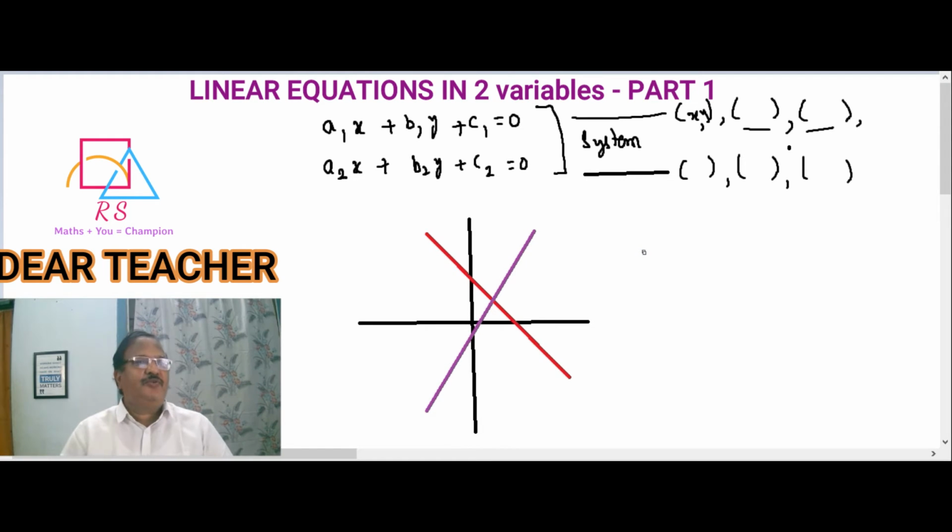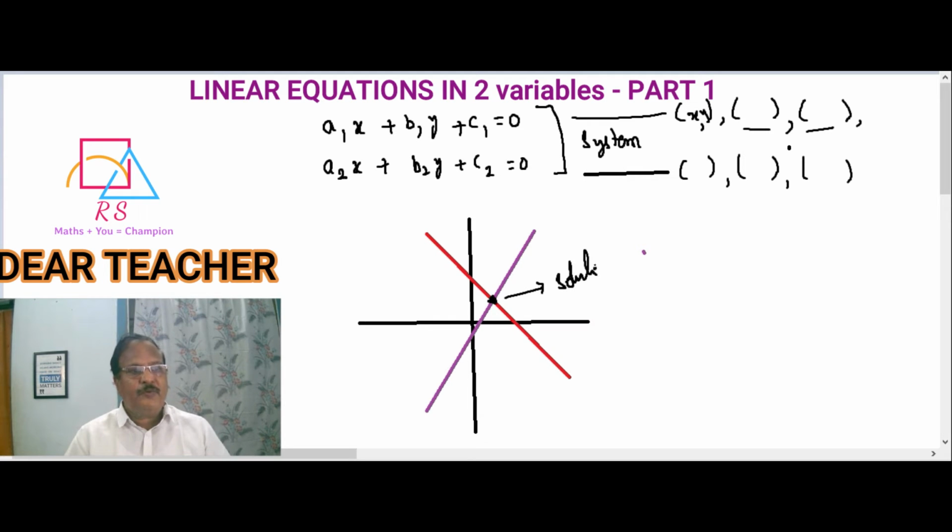Now, two graphs we have got. Two colors I have given. These two graphs will be meeting at one point. This is the common point. This point is there on the first equation and this point is there on the second equation. Infinite number of points lie on a line. So this common point is known as the solution.